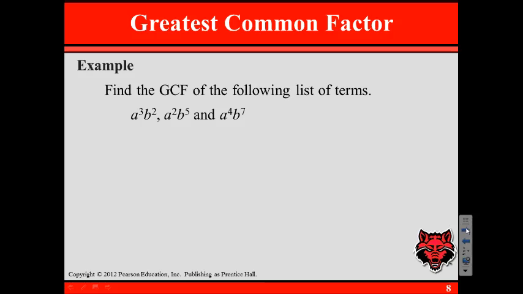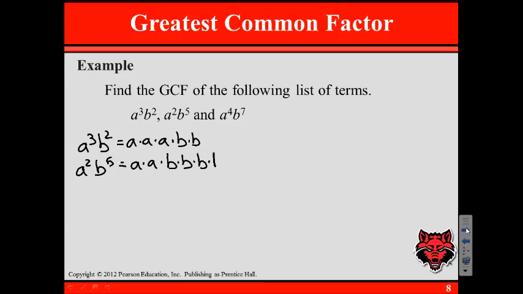Here we have another example where we have 2 variables in each term. So let's find the GCF of the following: a cubed b squared, a squared b to the 5th, and a to the 4th b to the 7th. We do this the exact same way. We expand using the exponents. So a cubed b squared, we have 3 factors of a and 2 factors of b. A squared b to the 5th, we have 2 factors of a and 5 factors of b.